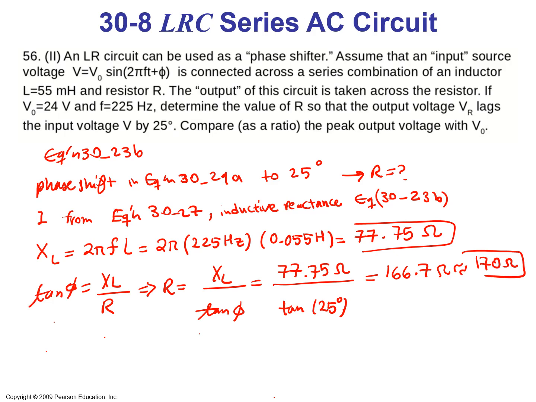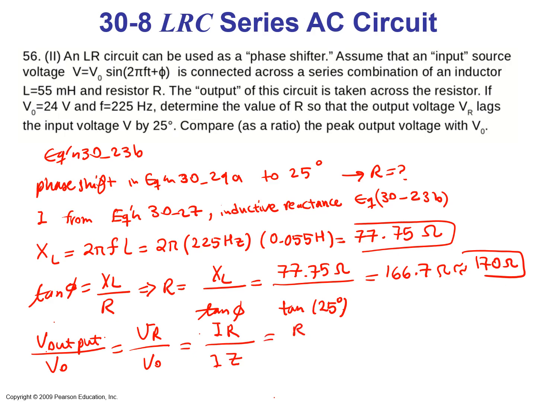Now to compare the peak output voltage, we say V output divided by V0 is equal to VR over V0. And we know the maximum output voltage across the resistor, VR, is given by Ohm's law, IR, divided by IZ.